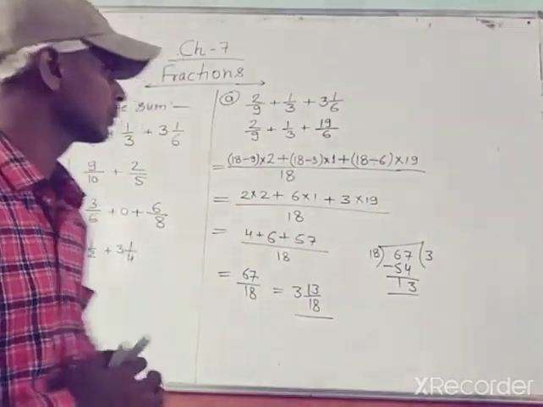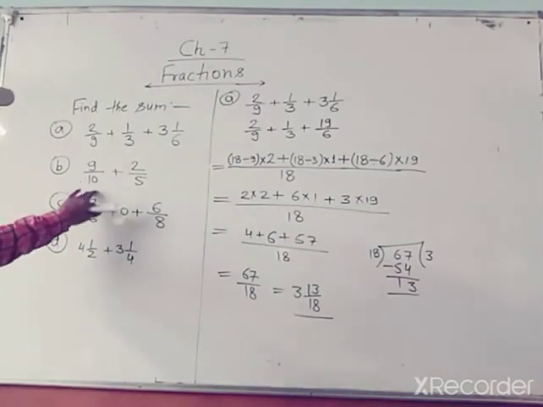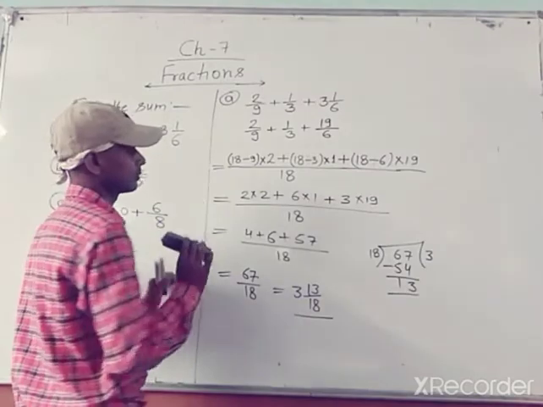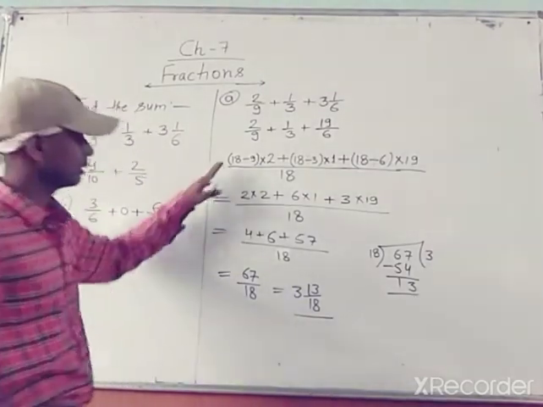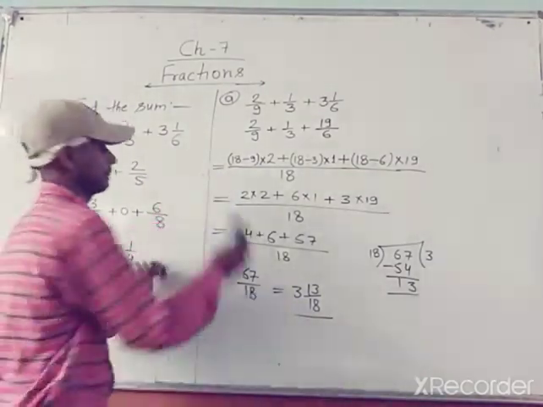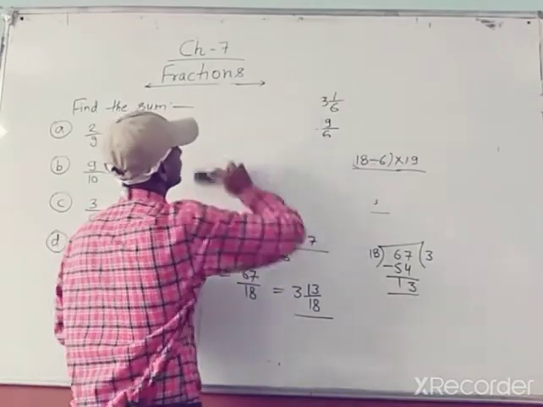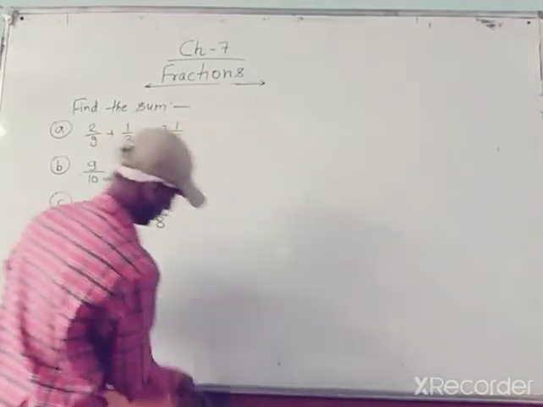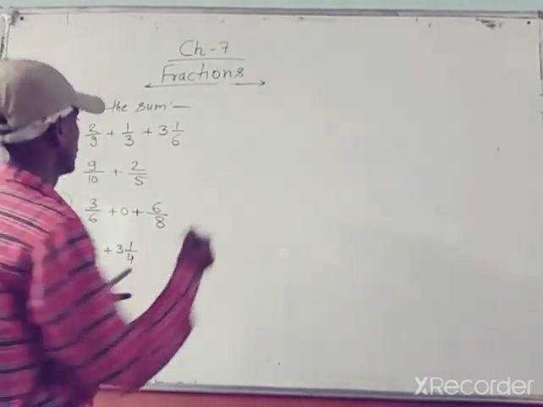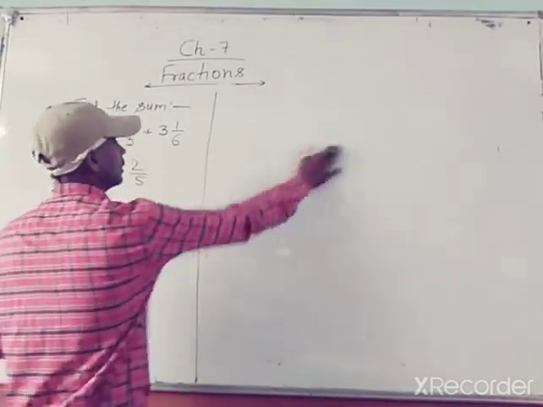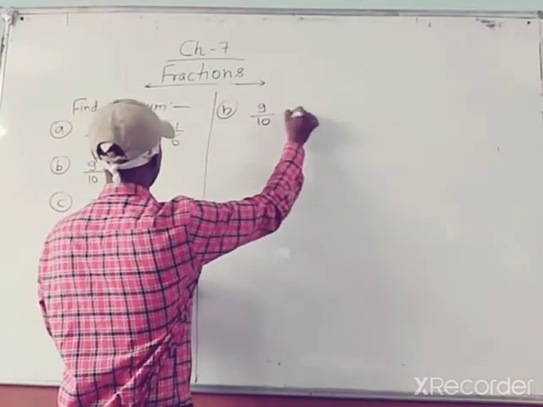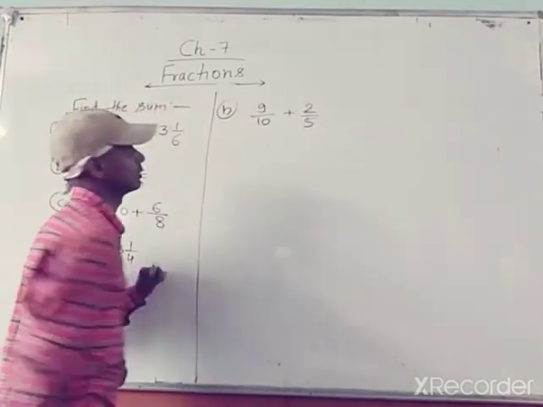Okay, now I'm going to solve the next one, 9 by 10 and 2 by 5. This one is clear? Now the second one, B, 9 by 10 plus 2 by 5.